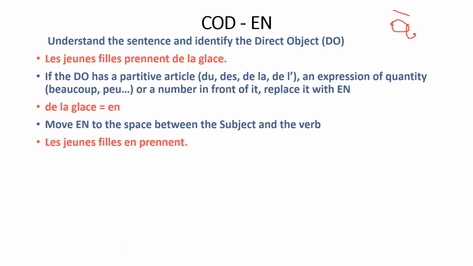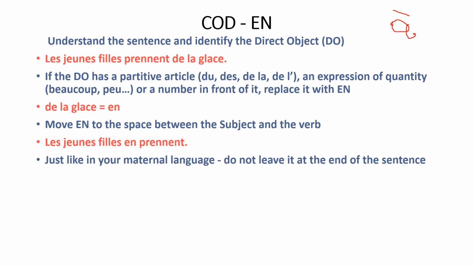Alright? So the structure now with the pronoun, the structure is slightly different. With the pronoun, the structure becomes subject. Then you have pronoun. Here it is the pronoun en. And then you have your verb.